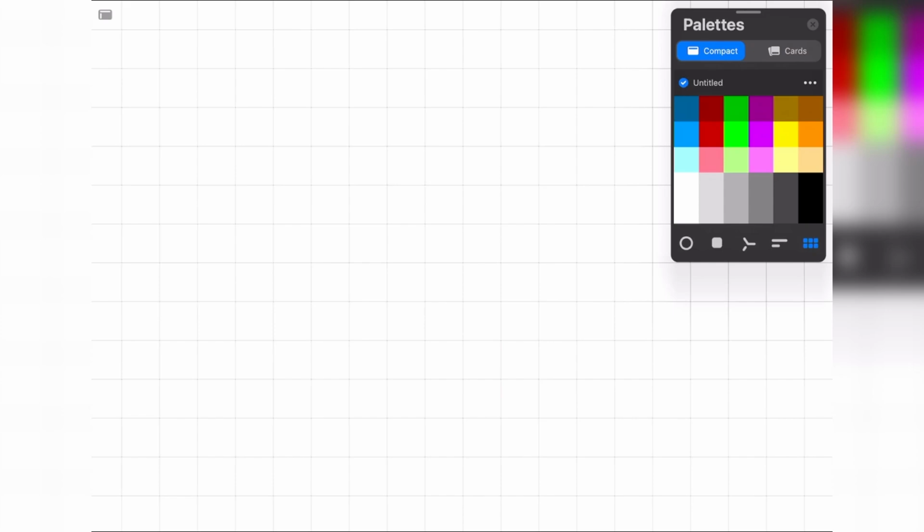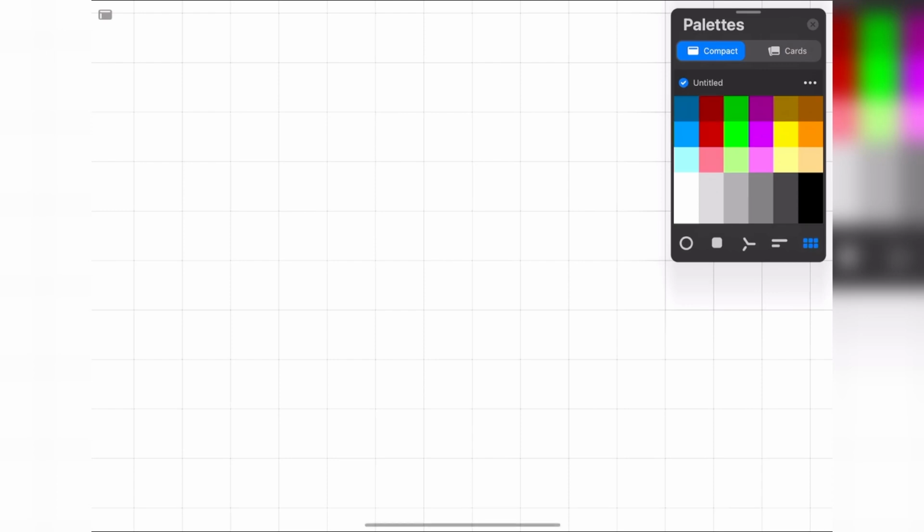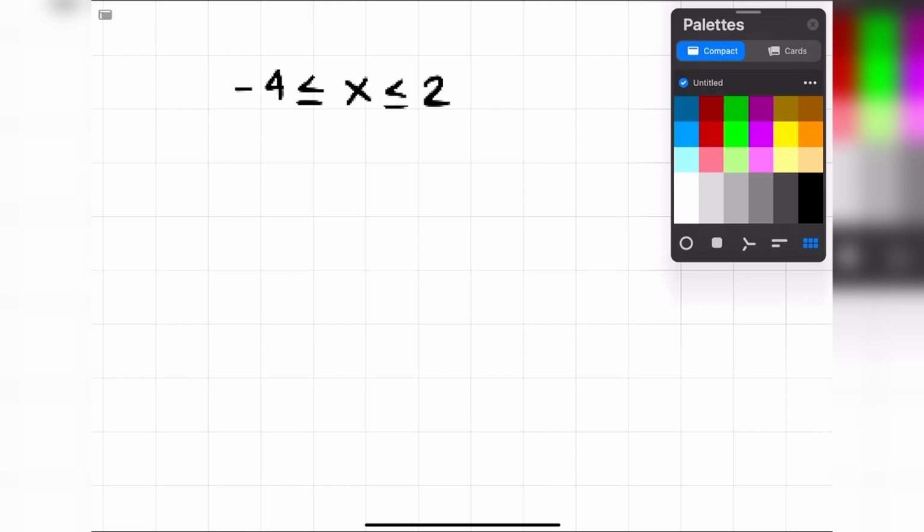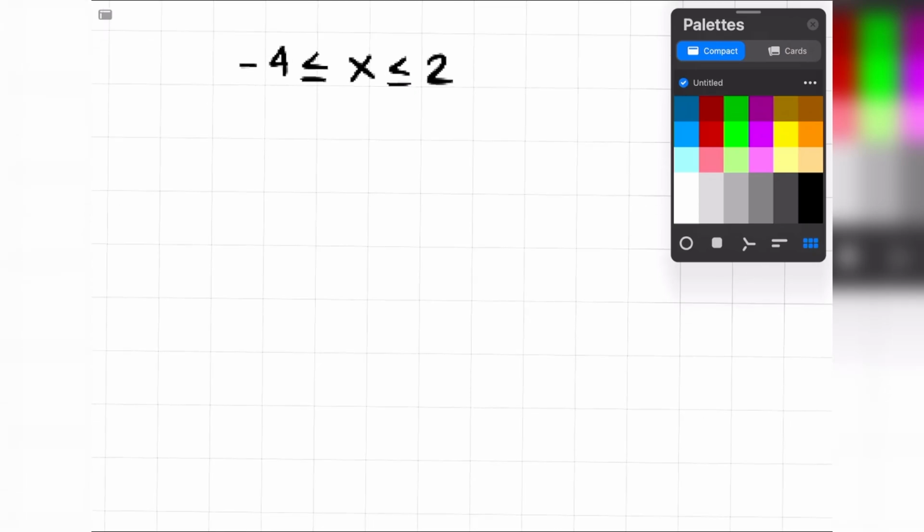Now, next question, okay, this one we're going to have something special, right? So this one is going to be -4 is less than or equal to x, which is less than or equal to 2. Now, when you look at this for the first time, it might be a little disorienting, but you just have to focus on one thing at a time, right?